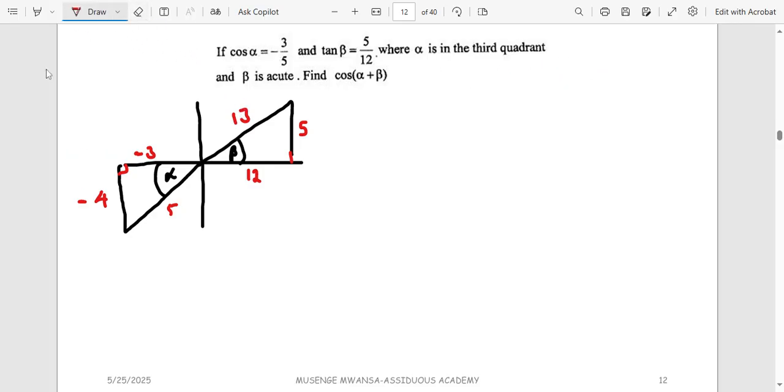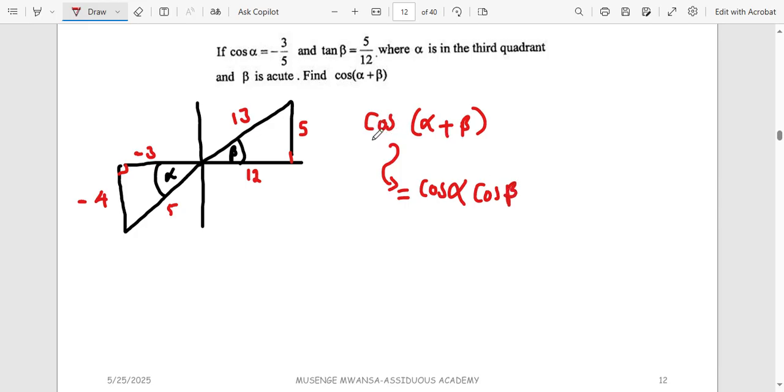So the next question we have is cos. Now we can find cos of alpha plus beta. Again, this is only identities. We'll understand more when we talk about identities, but you just need to know that for the cos identity, you get cos of the first angle, and cos of the second angle.